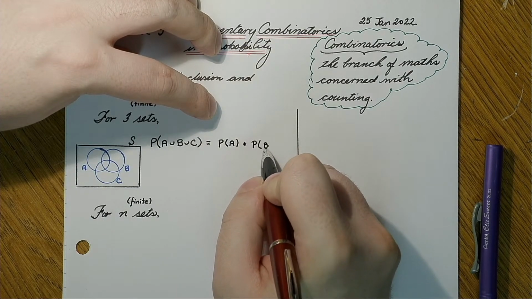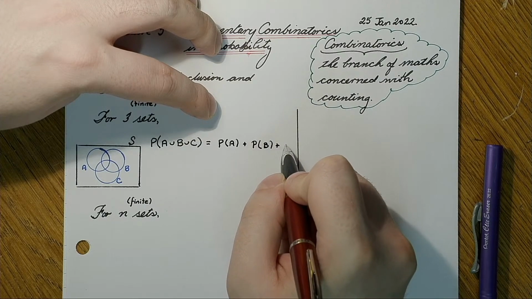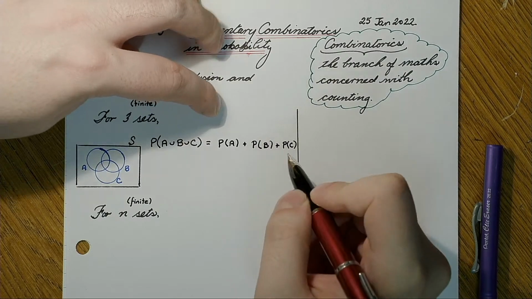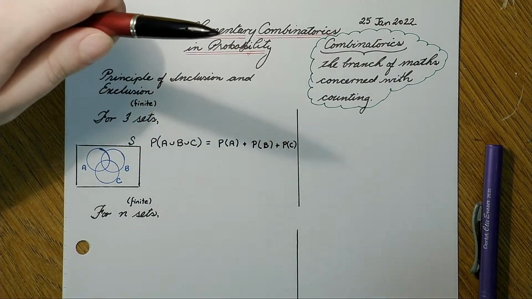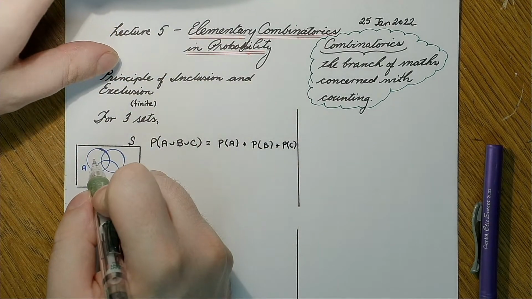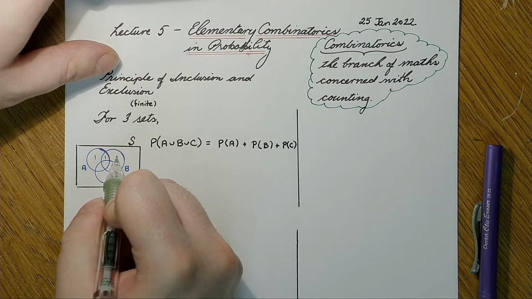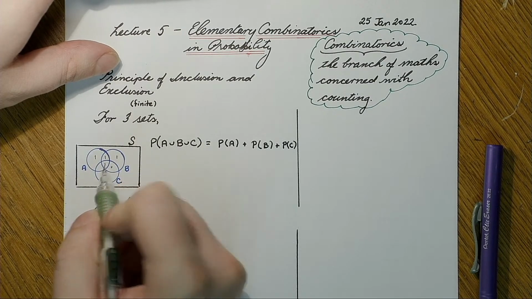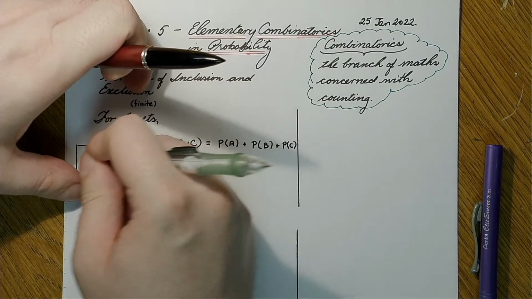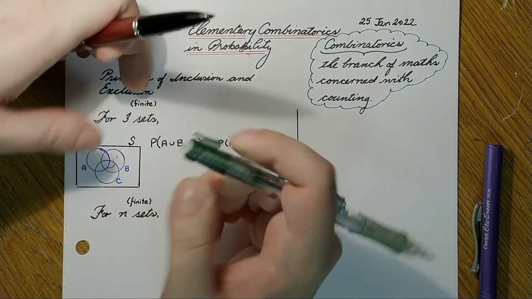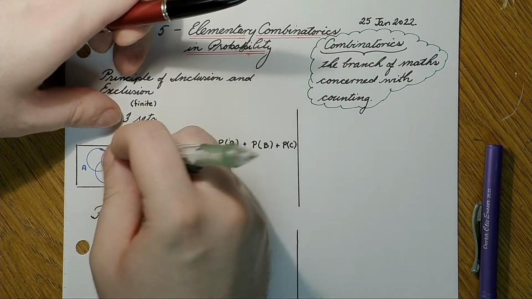So A, B plus C. Okay. So this is what happens. I'm going to put a mark here, here, here, here. Oops. This is why I need to be very careful about counting.